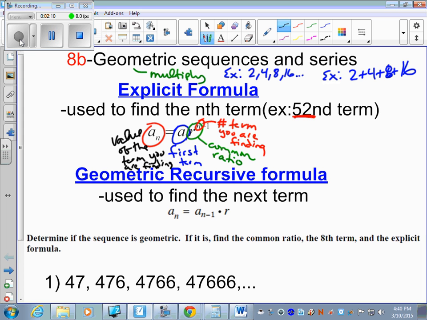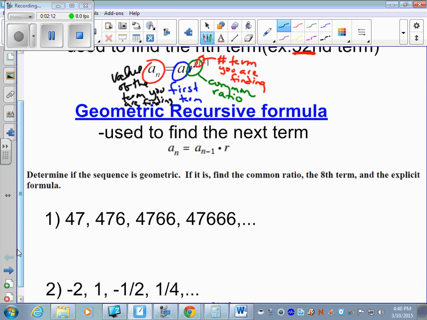So, the recursive formula is just used to find the next term. You just take the term before it and you multiply by the common ratio. So this is the term before, and the common ratio. You do the recursive formula without even knowing you do the formula.